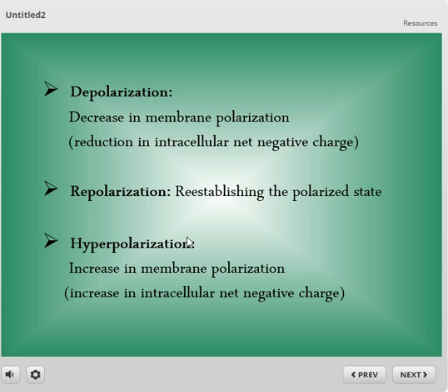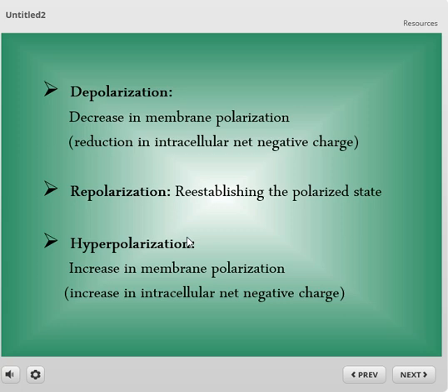three key terms related to membrane potential changes. The first is depolarization. Depolarization refers to a decrease in the negative resting membrane potential, making it less negative, okay? This occurs when there is an influx of positive ions such as sodium into the cell, reducing the difference in electrical charge across the membrane.